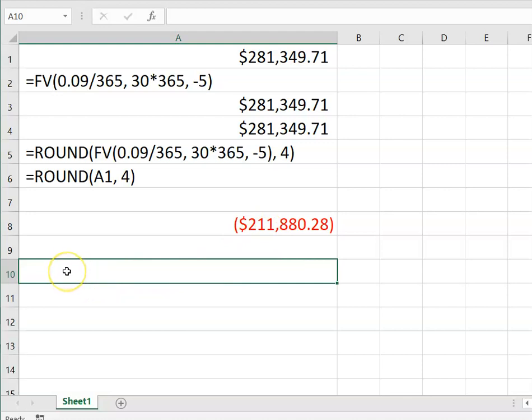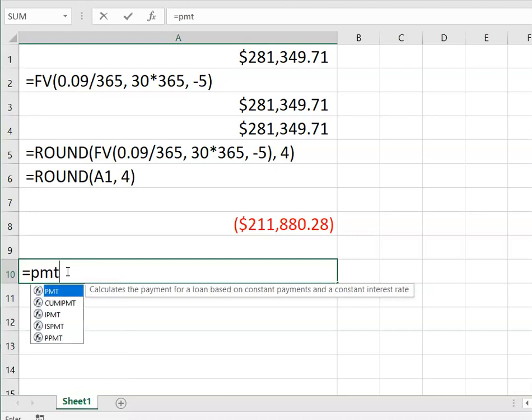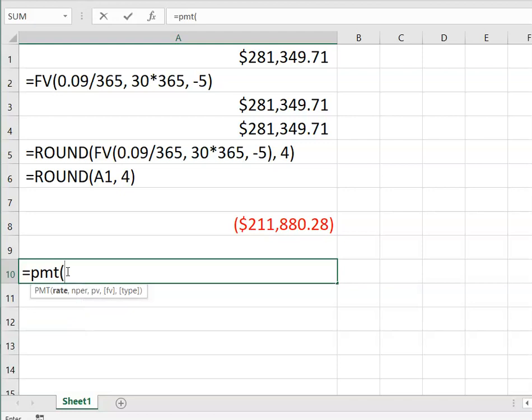Let's suppose I want $100,000 in 10 years. How much money do I have to put in each year to get $100,000 in 10 years? Now we're going to use the payment function. What I don't know is how much I put in. So that's the payment. Let's use 7% again. I said 10 years.